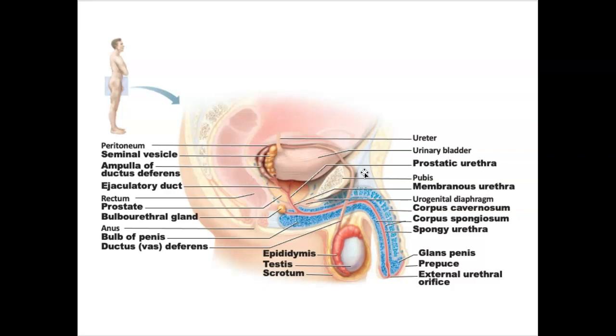There are also some procedures in the male for enhancement of the penis. One would be to cut this suspensory ligament and then allow the flaccid penis to hang a bit lower off the abdominal cavity. It doesn't change the size of an erect penis, but it might make it hang a little lower in a flaccid or non-erect state.